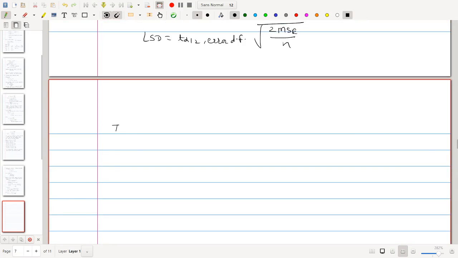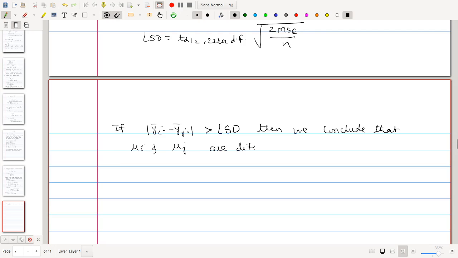If |ȳi. − ȳj.| is greater than LSD, then we conclude that μi and μj differ significantly, meaning μi is not equal to μj. And if it is less than LSD, then we can say μi is equal to μj.